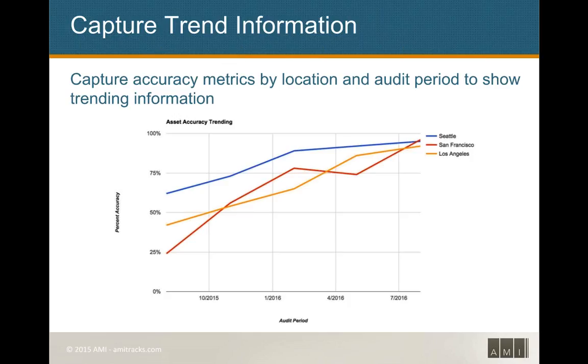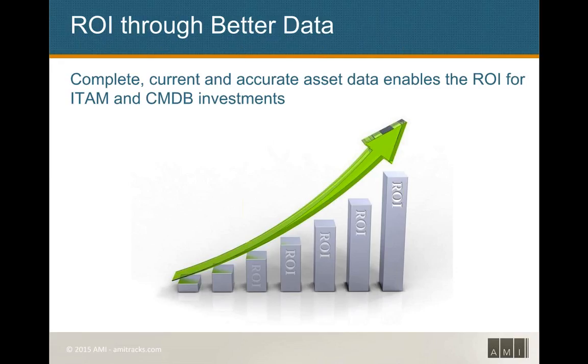So anytime a new asset is detected, or an asset is detected in the wrong location, or any asset is tagged as missing, you want to log that information in a database by audit task or audit work order, and by service area or by location, so that you can produce statistics by location for that given audit.